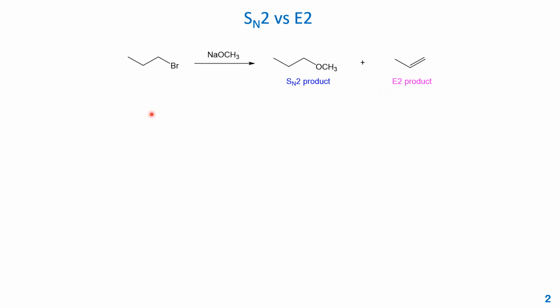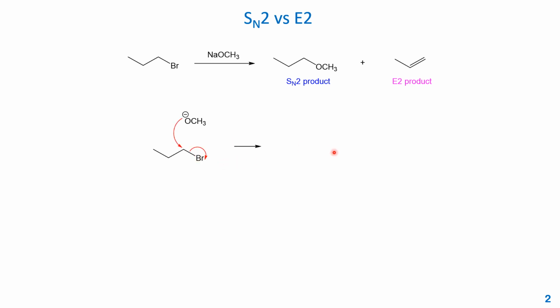Let's look at the mechanism of Sn2 first. This is the good nucleophile, the methoxide, and this is the leaving group. The methoxide will approach this carbon from the backside of the leaving group and pick off the leaving group.